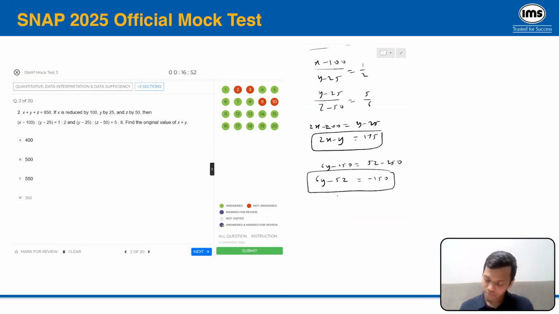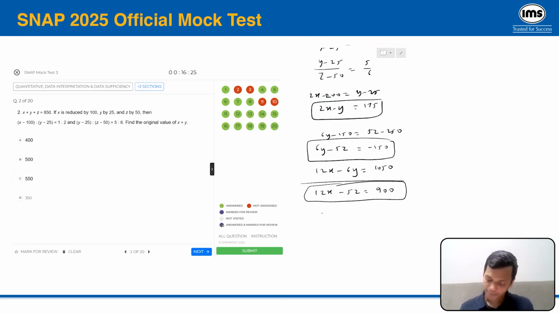Okay. We have 12x minus 6y equal to 1050. So if I have these two, adding this gives me 12x minus 5z is equal to 900. So this is another equation that we get. Find the original value of x plus y.